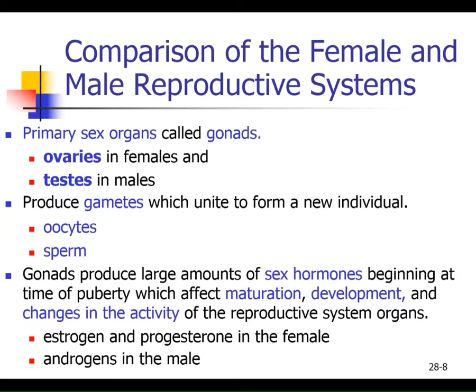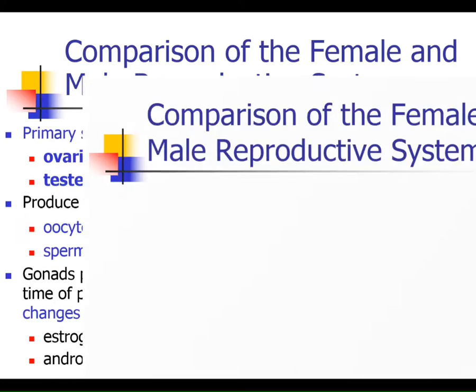Now, men do produce estrogen and progesterone in small amounts. Women do produce testosterone in small amounts. And so these are not exclusive to the sexes, but there's definitely much larger amounts of the estrogen and progesterone in the female.